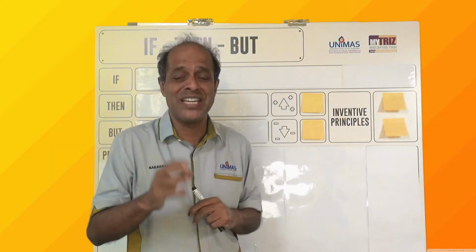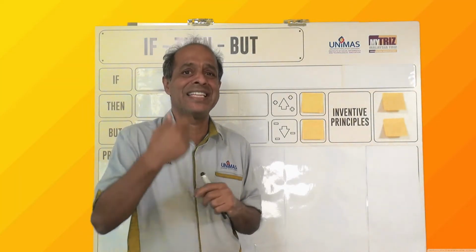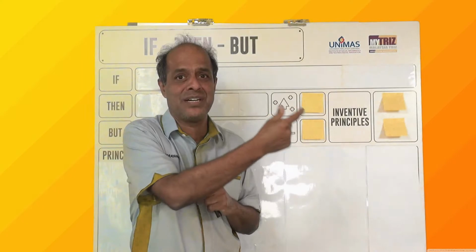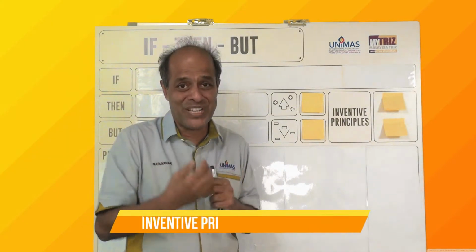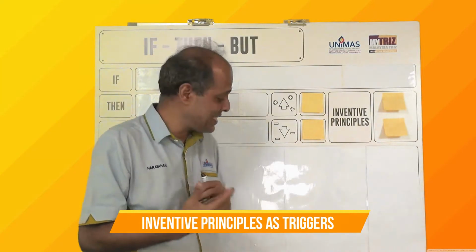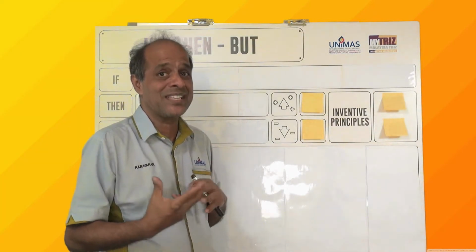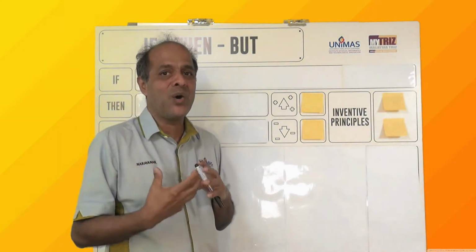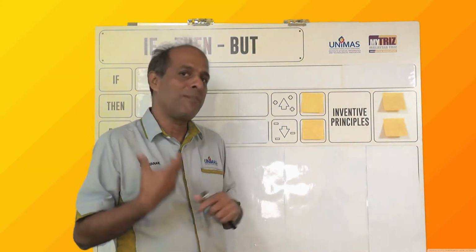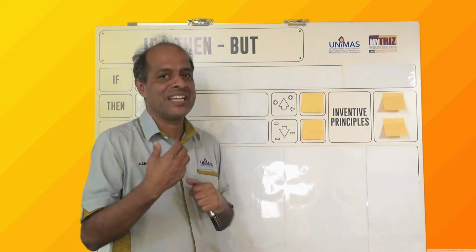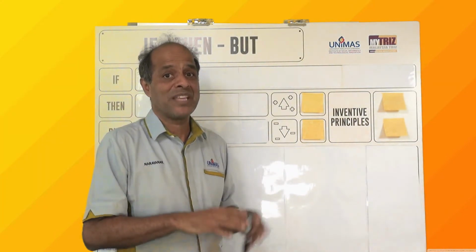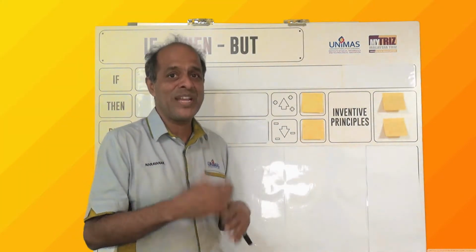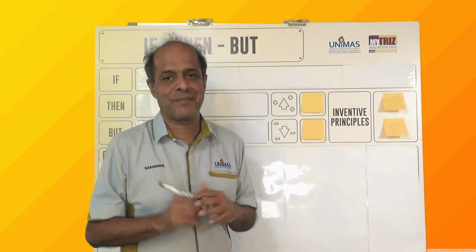And the solution doesn't tell us exactly the final implementation, but it just gives us a few triggers, and we're going to look at these inventive principles next, which will tell us how the outcome of an engineering contradiction can be used to come up with extremely inventive and innovative solutions.